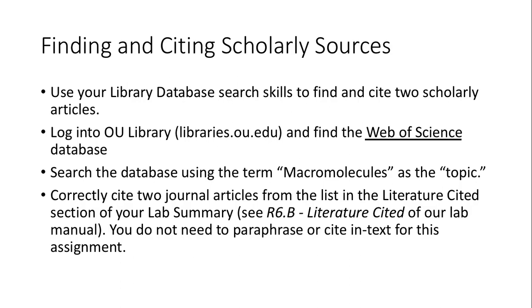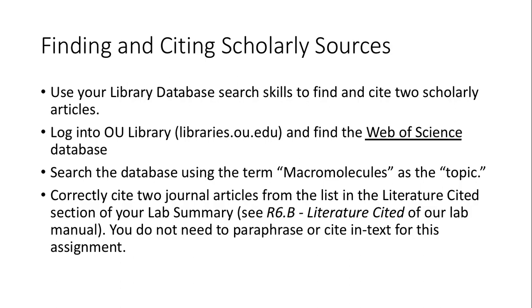So feel free to come back to this portion of the slideshow as you find your citations. You might want to make sure and pause this and write this down if you would like to as well. But you will be asked to correctly cite 2 journal articles from the list in the literature cited section of your lab summary. So they are the first 2 that I want you to cite.